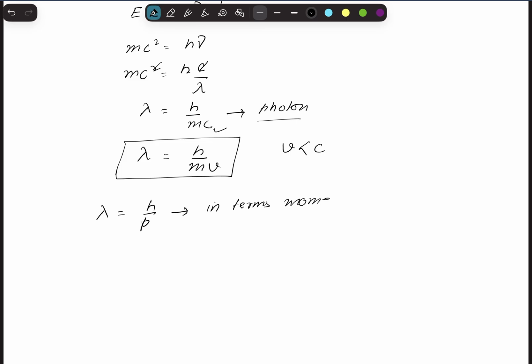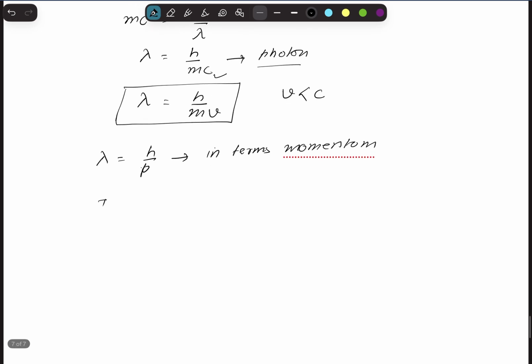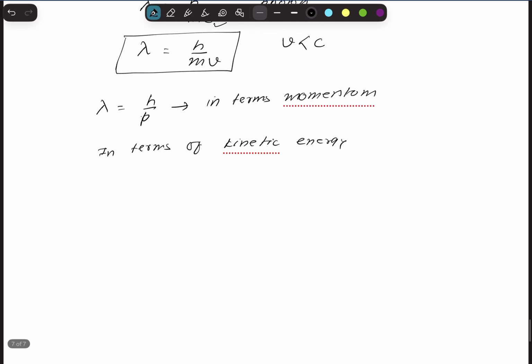Now if I want to write it in terms of kinetic energy, how do I go about this? We know that kinetic energy is half mv square. Multiply by m, it becomes m square v square divided by 2m, so it is 2mK.